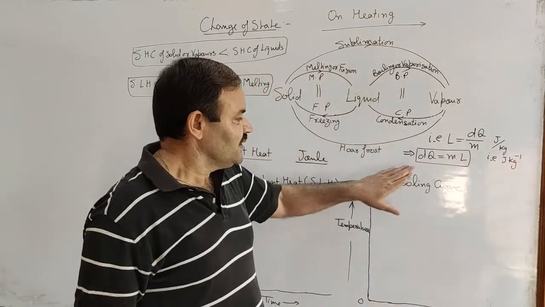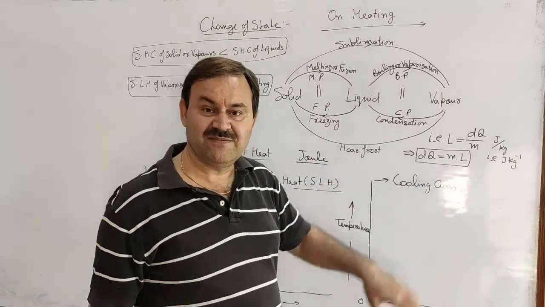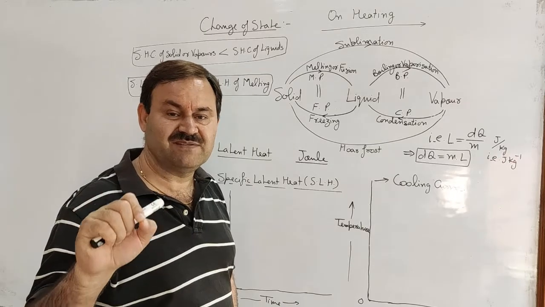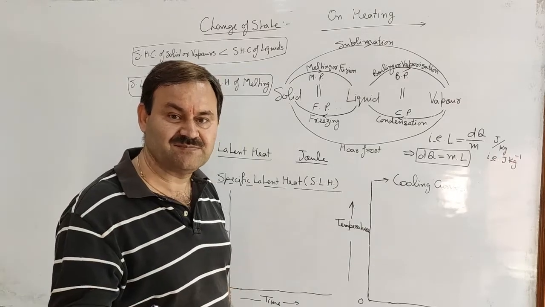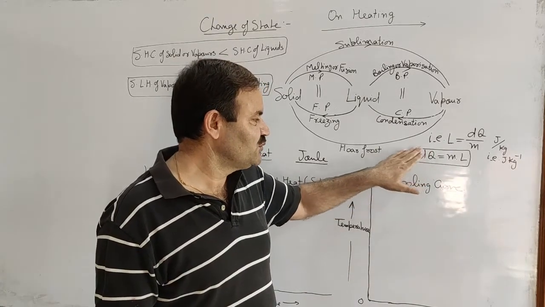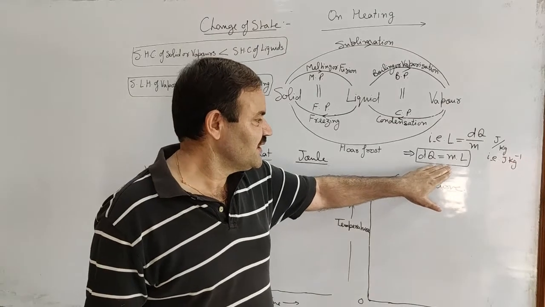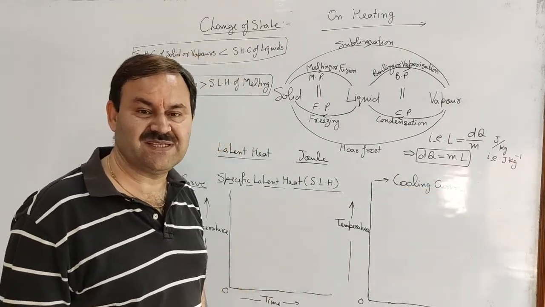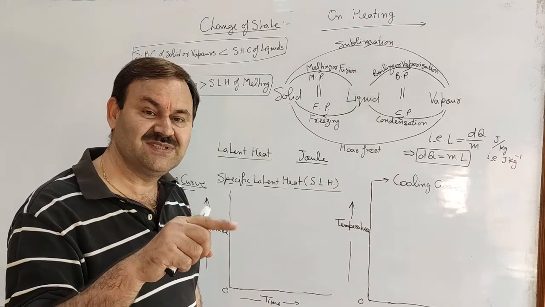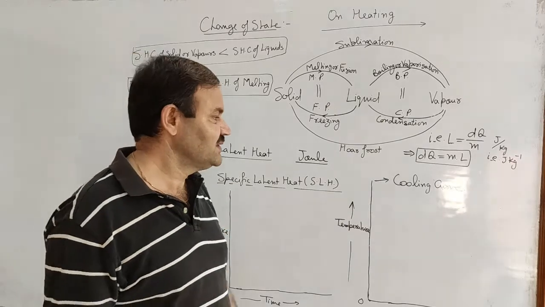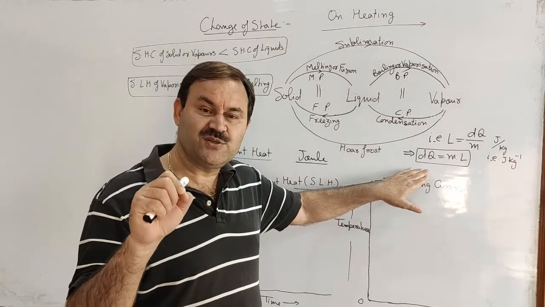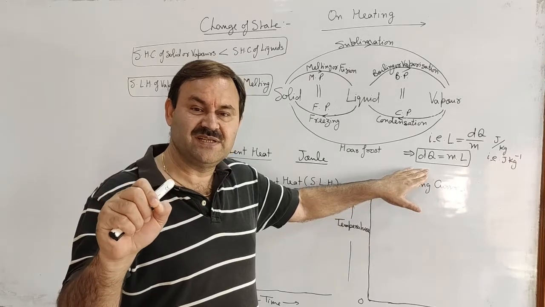Now this expression dQ = mL will always be used whenever there is change of state with heat transfer. And if there is change in temperature with heat transfer, then the amount of heat transferred will be measured by ΔQ = mcΔT.